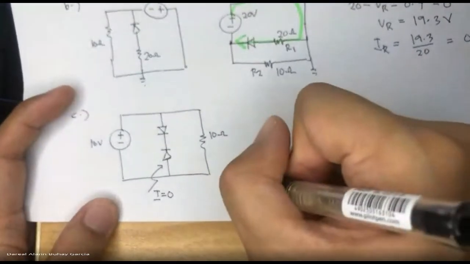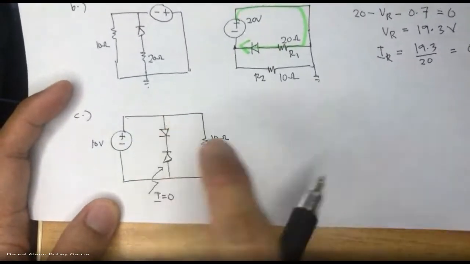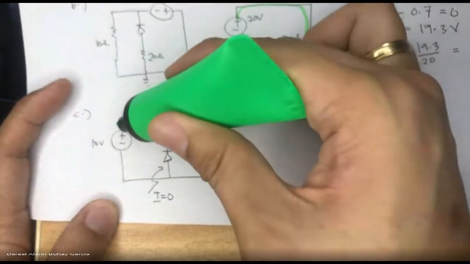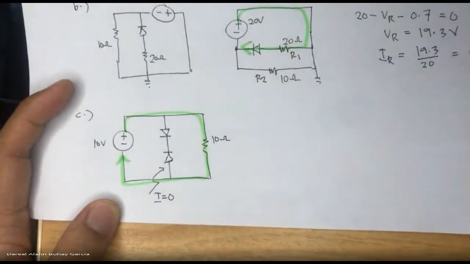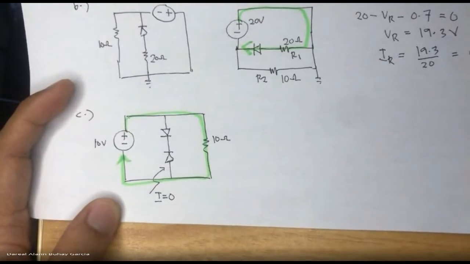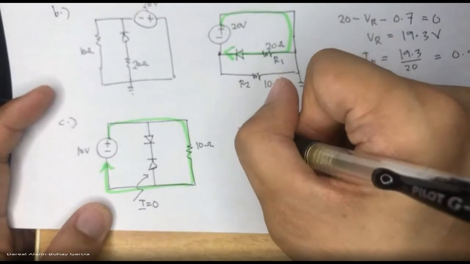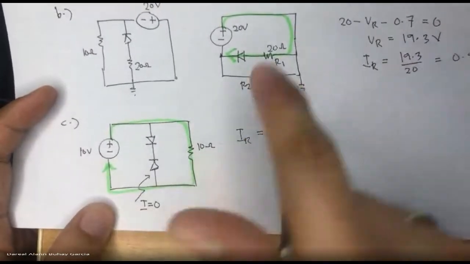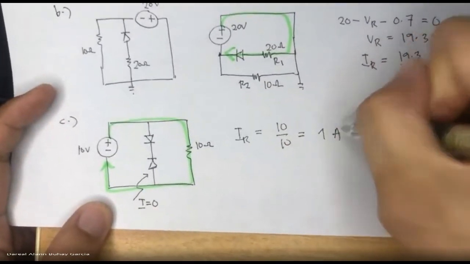Therefore, the current in our resistor, just try to imagine, is not there. So the only circuit that exists is this one, this part of the circuit. The rest is non-existent. The current of the resistor is easily solvable. Current is equal to 10 divided by 10, 1 ampere.